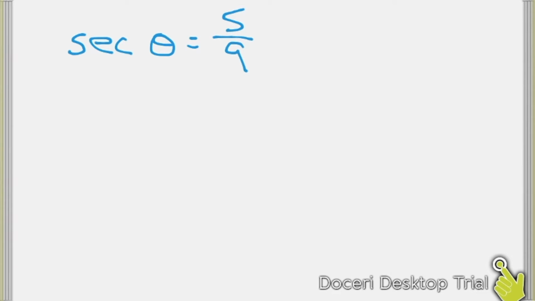And what it's wanting to know is, what is the cosine of theta? And again, if we're trying to find the cosine, we understand that secant is just the reciprocal of cosine. So in order to get to 5/9, you know the cosine has to be 9/5. And that's it. Okay?